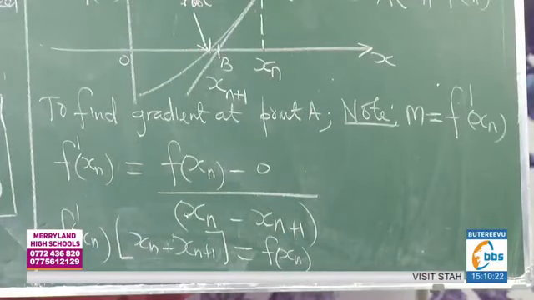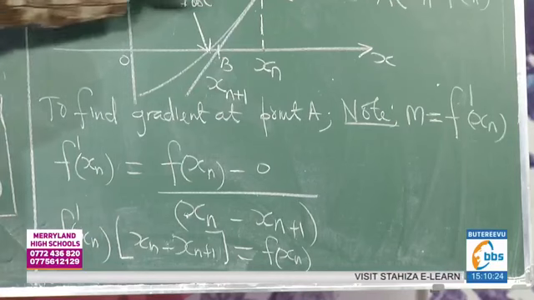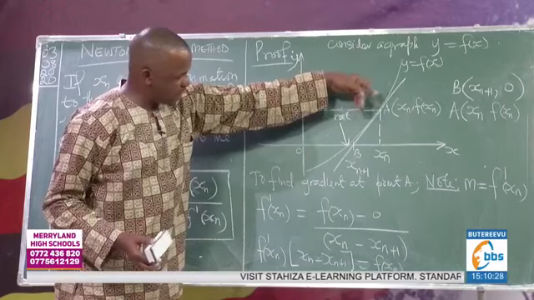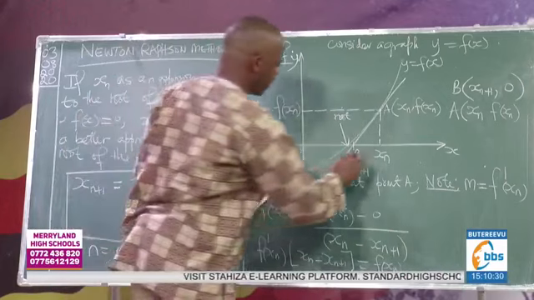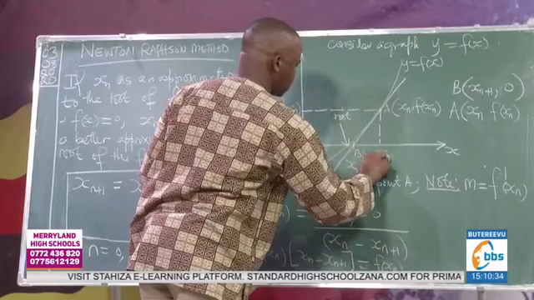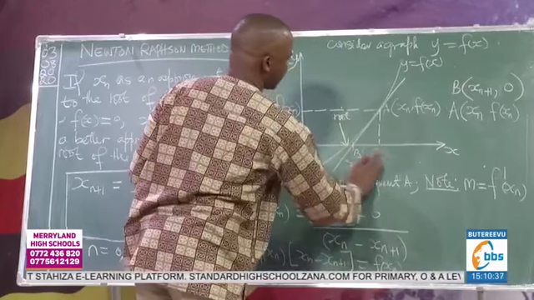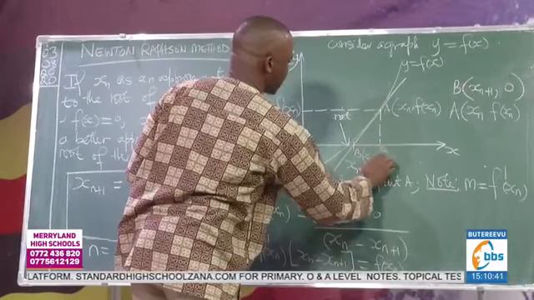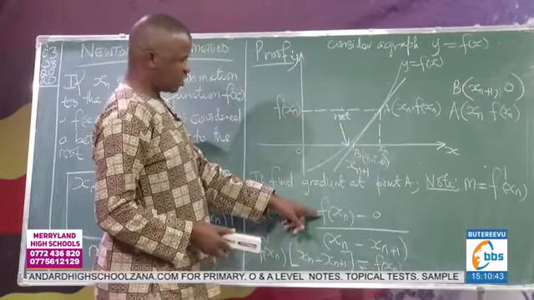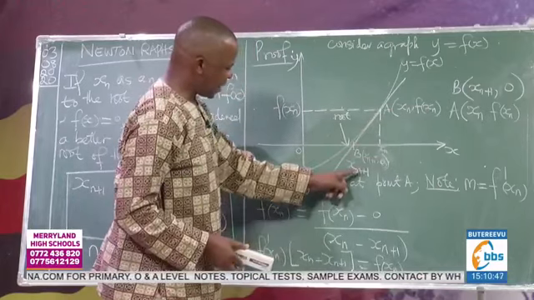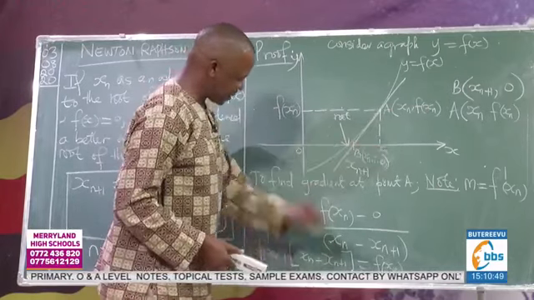I want us to be systematic. We are looking for the gradient of AB, and the gradient is going to be change in y over change in x. The coordinate here, which I have put over there, is xn plus 1, 0. And when we substitute in, our change in y will be f of xn minus 0 over xn minus xn plus 1.